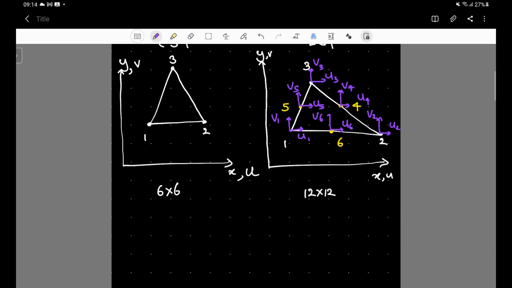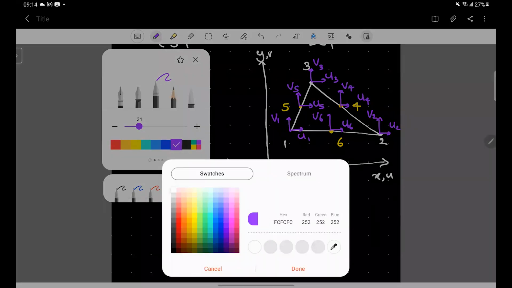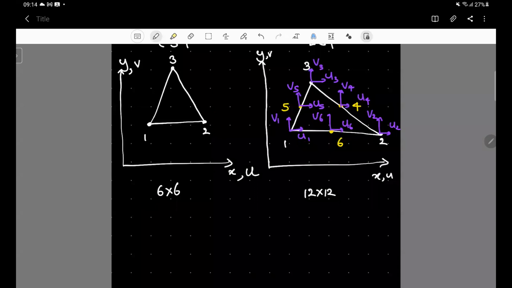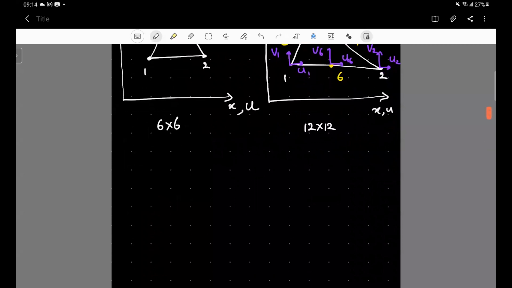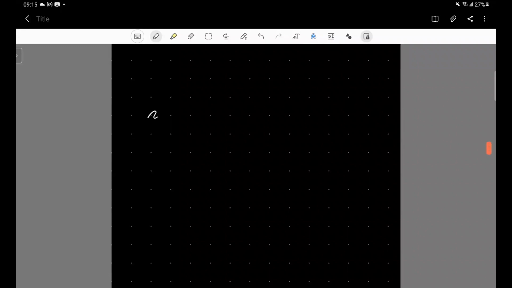Okay, having said that, let's focus back again on the LST elements. The LST element has 6 nodes, so 12 degrees of freedom altogether. The unknown displacements can be described by a column matrix, which we can write down for the 6 nodes.